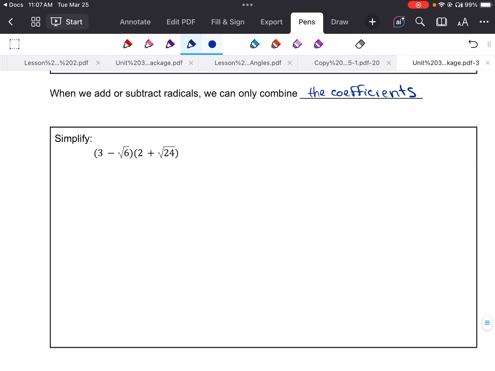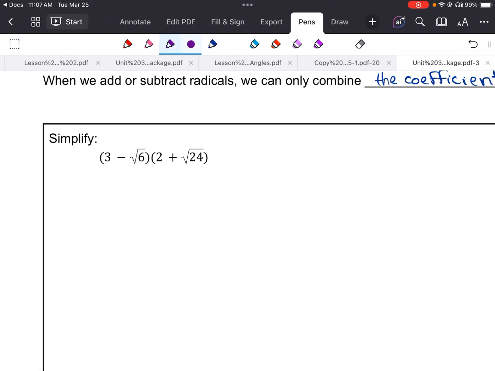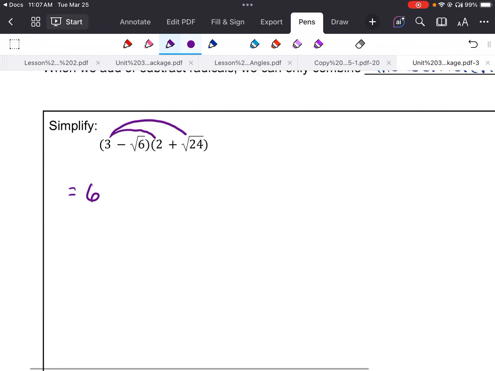Okay, and then the quadratic part of this, let's simplify. So we have 3 minus root 6 times 2 plus root 24. So this is going to be a FOIL question. Okay, our first is 3 times 2, so 6. Then we have our outside, 3 times root 24 just becomes 3 root 24.